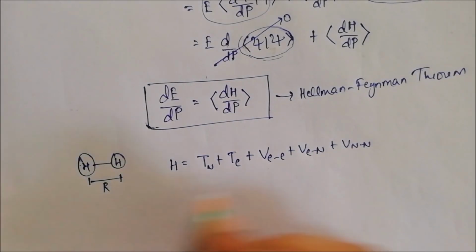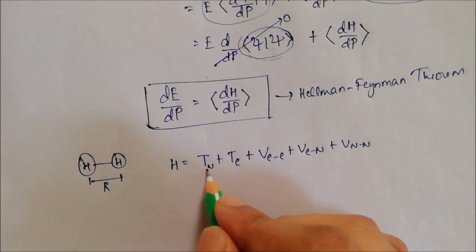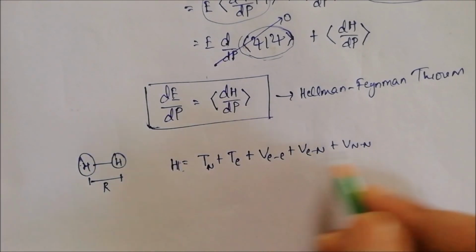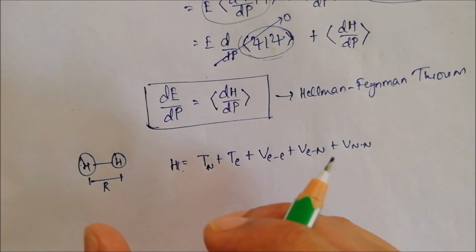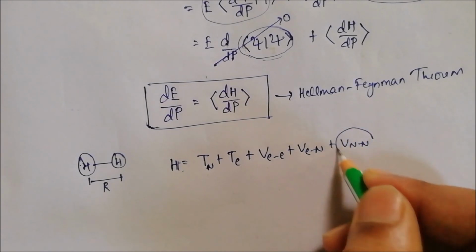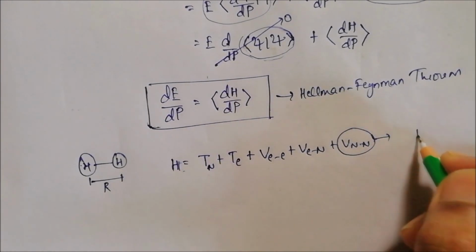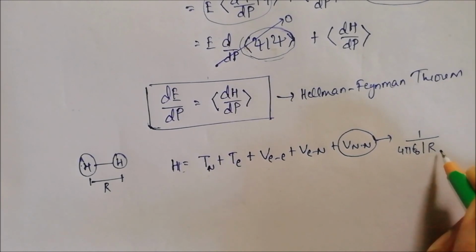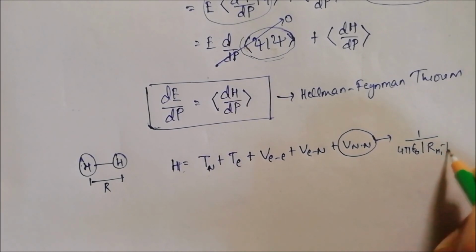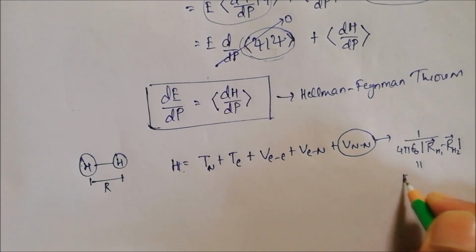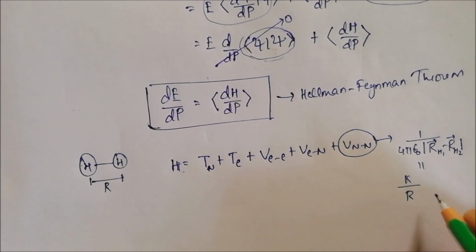The only expression in this Hamiltonian which depends on the distance between the two nuclei is this term, 1 by 4 pi epsilon naught times |r_H1 minus r_H2|, or we can also write it as constant by r.